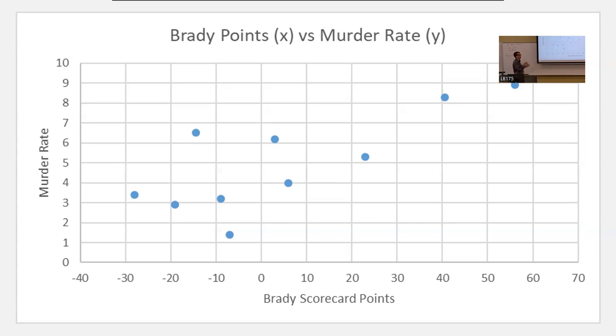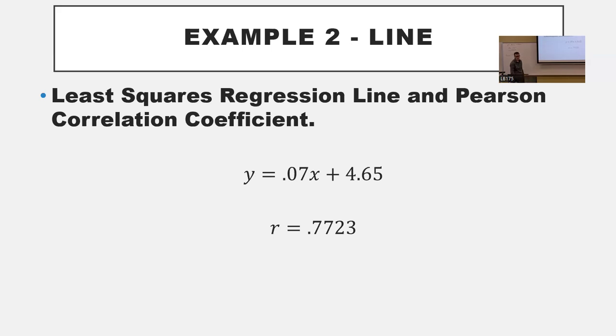If we had Excel or our calculator give us the least squares regression line and the Pearson correlation coefficient, it turns out in this example, we would end up with y is equal to 0.07x plus 4.65 with an R value of 0.7723.